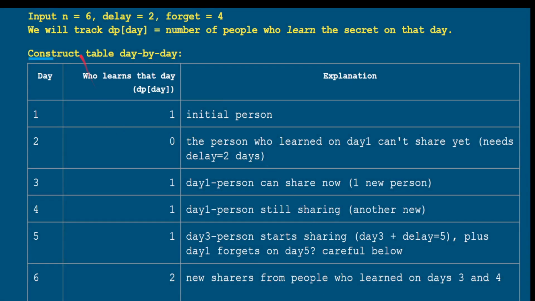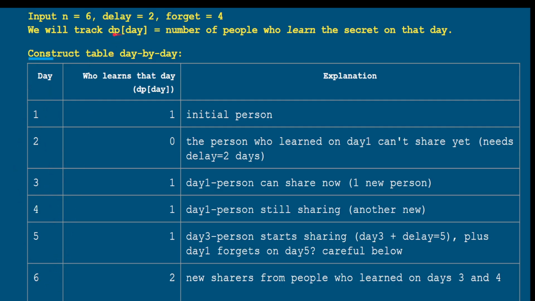So let's go through an example where n is equal to 6, delay is 2, and forget is 4. Okay, so we'll track using dp at day, the number of people who learn the secret on that day. Let's suppose this is your I, and we can say this is a day.